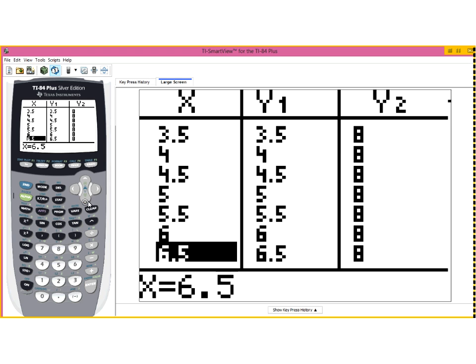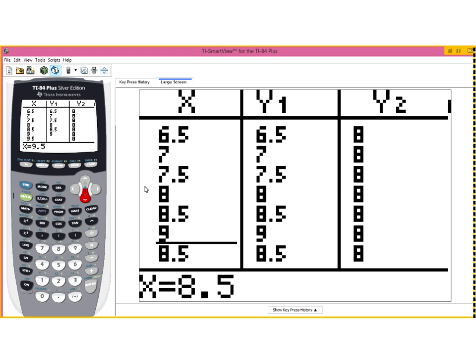It's a ways apart, but there we go. At 8, we're also at 8. Okay, so let's go back and look at another example. So the solutions are -8 and 8.